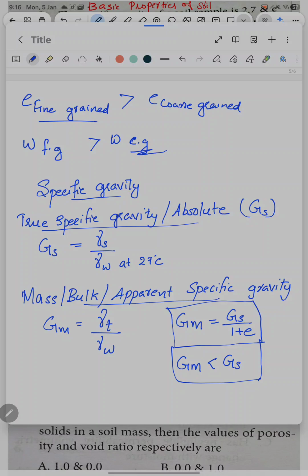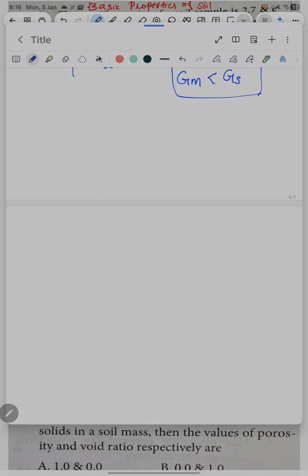These are the important points from this topic. The value of GS is always constant, and GM is not constant. It may vary.